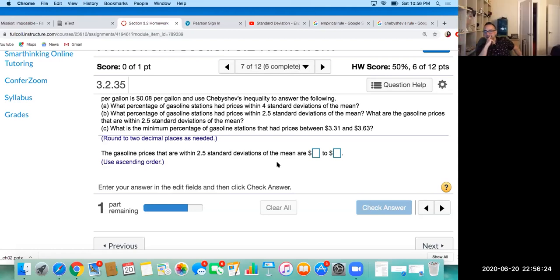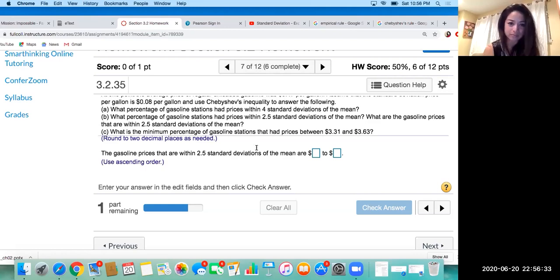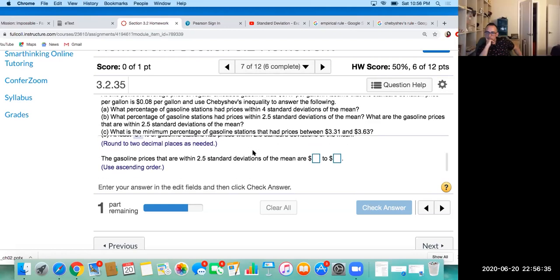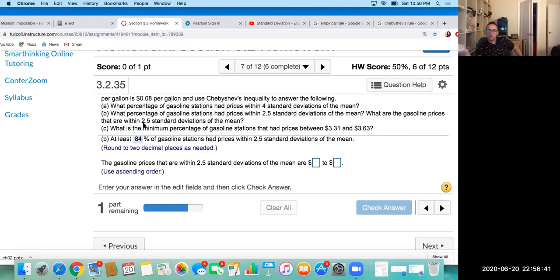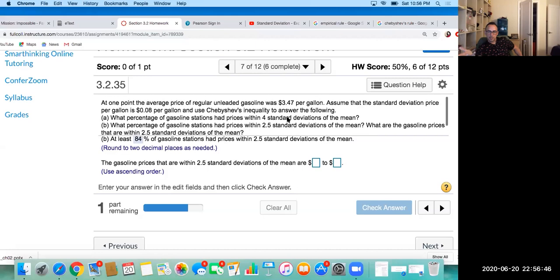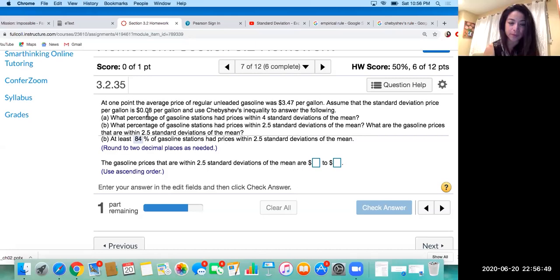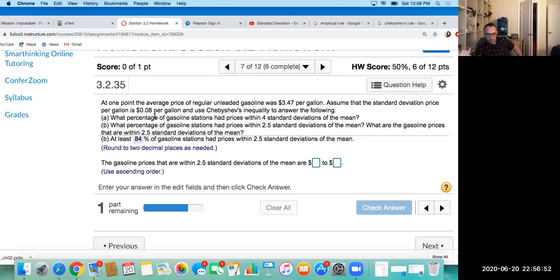The gasoline prices that are within 2.5 standard deviations of the mean are... Wait, are we still on the same one? Is that part C or what are we on? Oh, we're going on part B, and it's asking for the second one. For this one, just add and subtract 2.5 standard deviations from the mean. The standard deviation is 8 cents. So 0.08 times 2.5: 16 plus 4 is 20. So I add and subtract 20 cents. That's 367 for the upper limit and 327 for the lower limit.